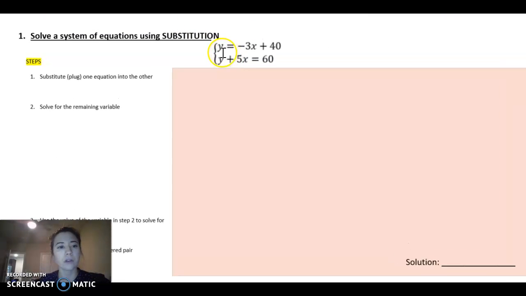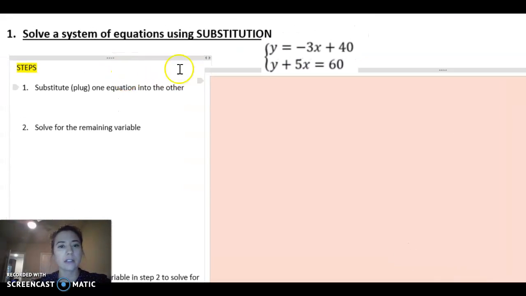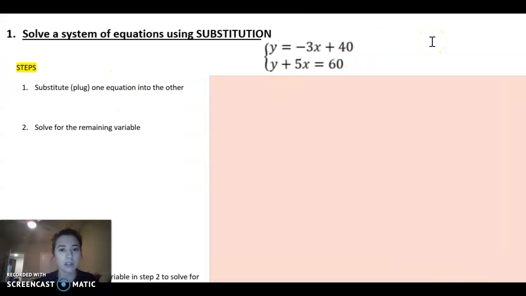So again, just like yesterday, step one, when we're solving a system of equations using substitution, or if I just said solve a system of equations and gave you this, you would say, oh, I have a y by itself, so I'm going to use substitution. I know that y equals this whole thing right here, so I can plug that in for y.